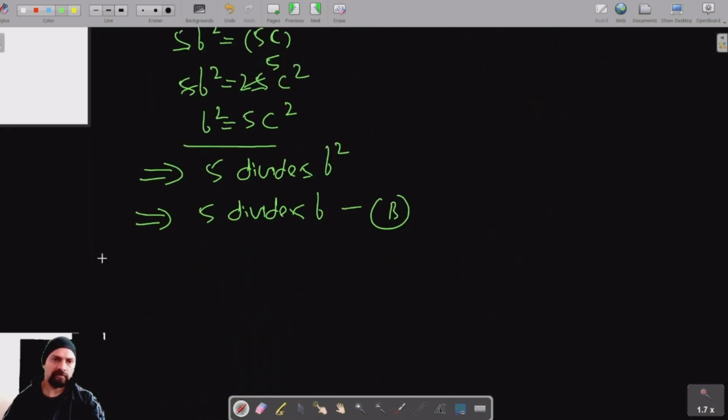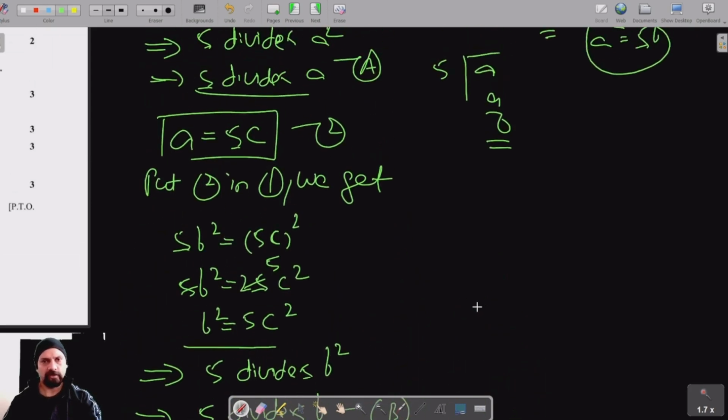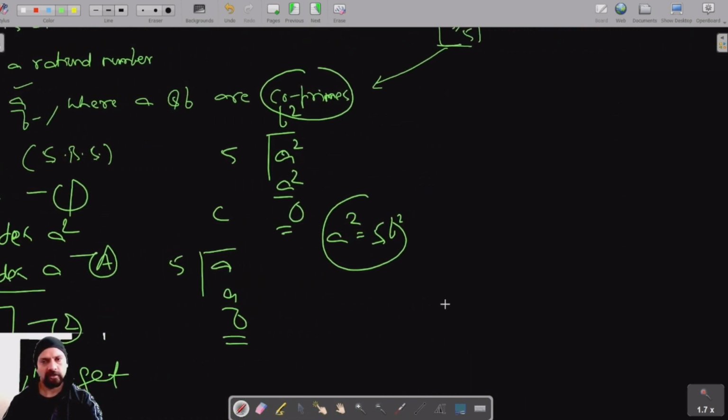So from a and b, we get that 5 divides a and b, but a and b are co-primes. So that means whatever we have started is conflicting.